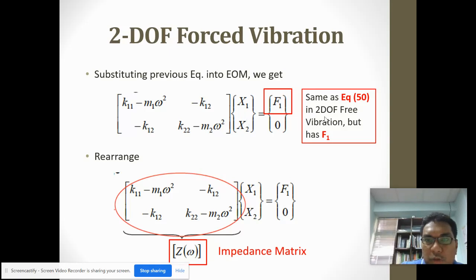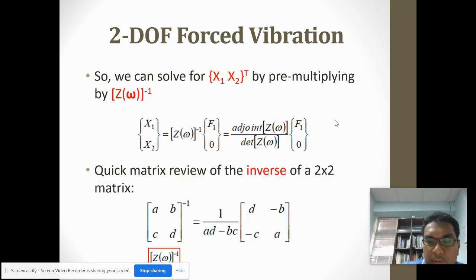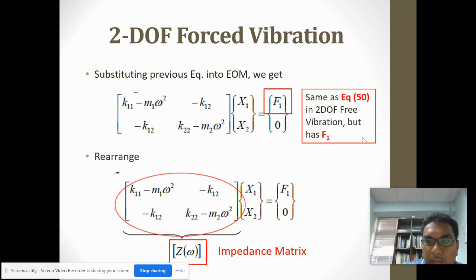Actually this is the same as equation number 50 in the 2 degree of freedom free vibrations, but this has the f1. You notice that there is no sine here because we can cancel out the sine on the right hand side and the left hand side.